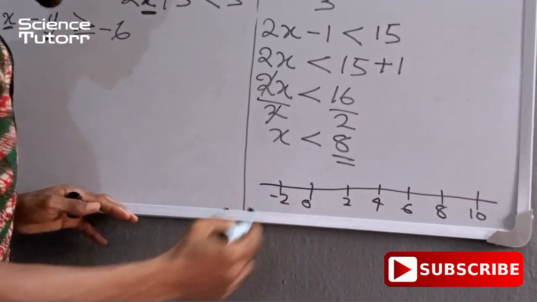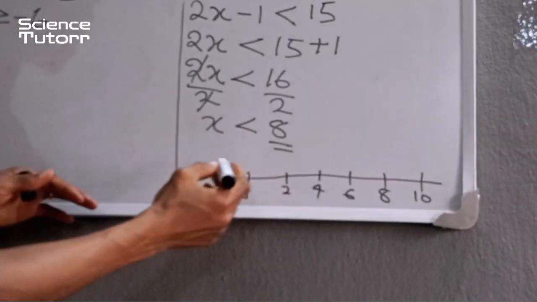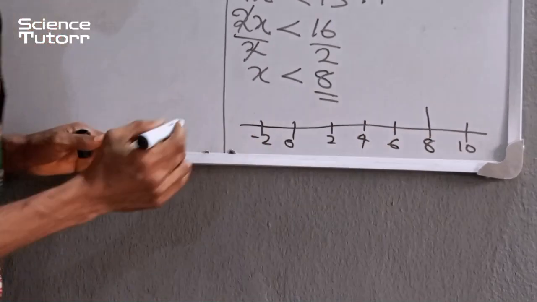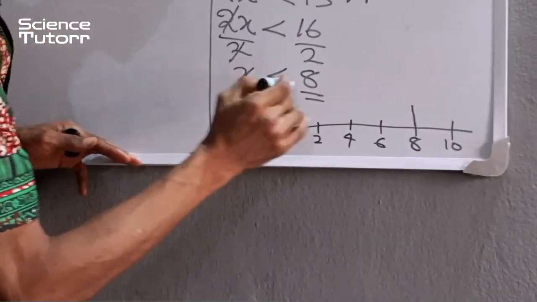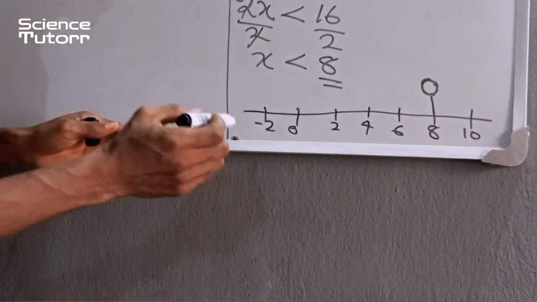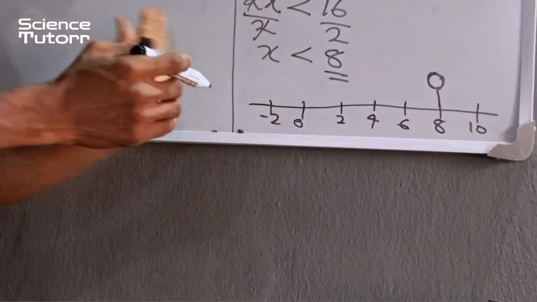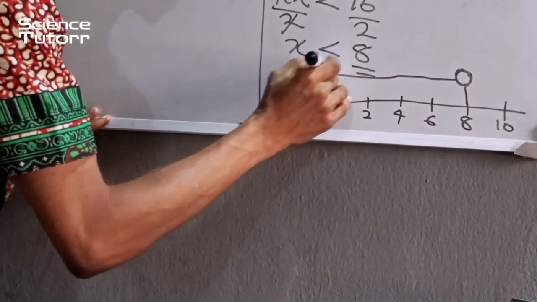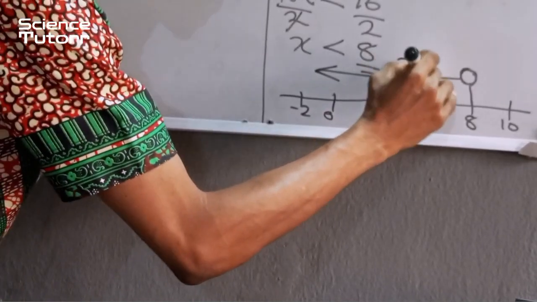This way minus 2. So x less than 8 is going to be at this point here, less than. So I'll be using just a circle because it is just less than. Numbers less than 8 are to the left hand side, so I simply draw my arrow this way. So this is for x less than 8.